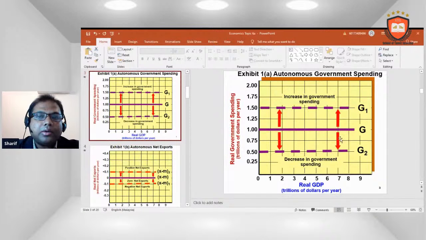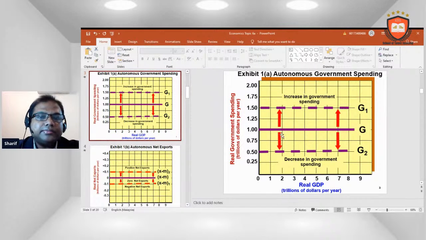So this is the particular shape where we can understand how government spending works. Let's say the government spends 1.5 trillion dollars more, this is the increase in government spending.